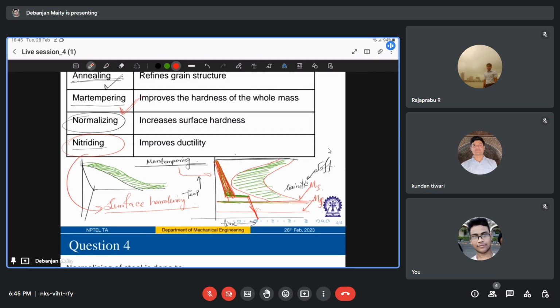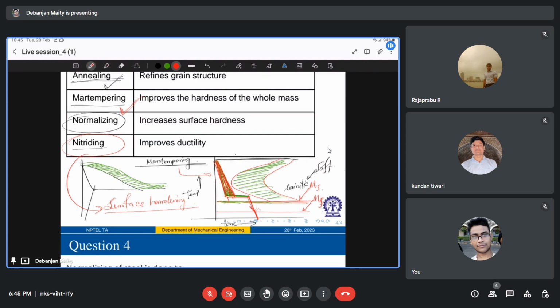There is something called the cyaniding process, then there is the hardening process, and in the hardening process you have flame hardening and induction hardening, right? Now, what happens in the cyaniding process?